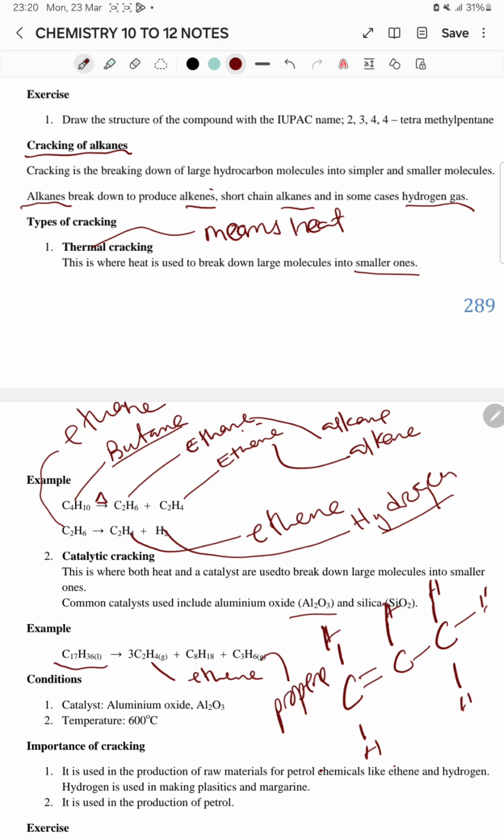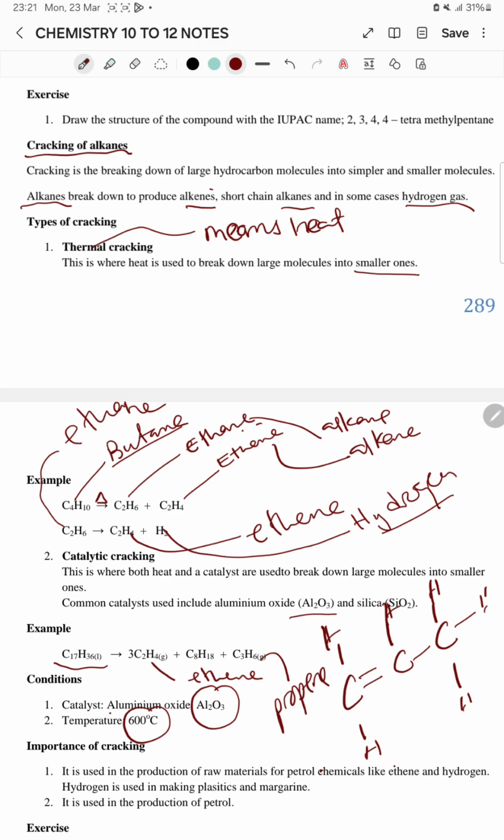So what are the conditions? The conditions are aluminium oxide as a catalyst, temperature 600 degrees Celsius.